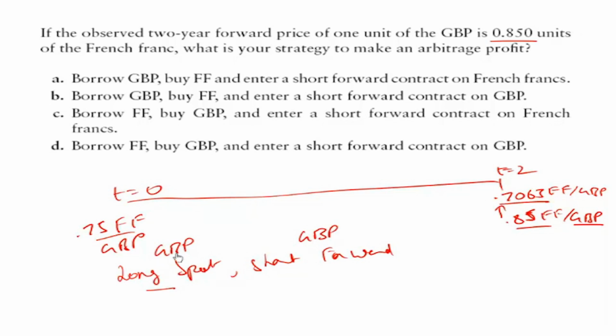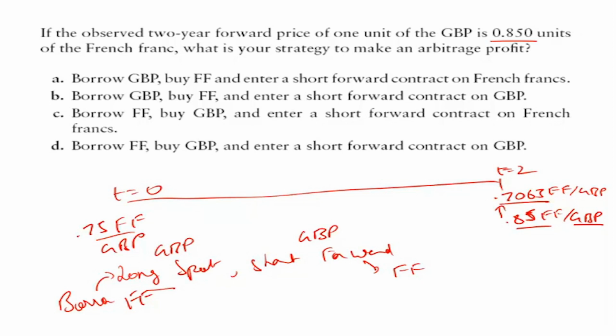But if you have to long GBP in the spot, in arbitrage we don't bring any money from our own. We will simply borrow French franc, and convert them into GBP. When you sell this GBP forward, you will again get the French franc. One currency can't be sold for nothing but another currency.